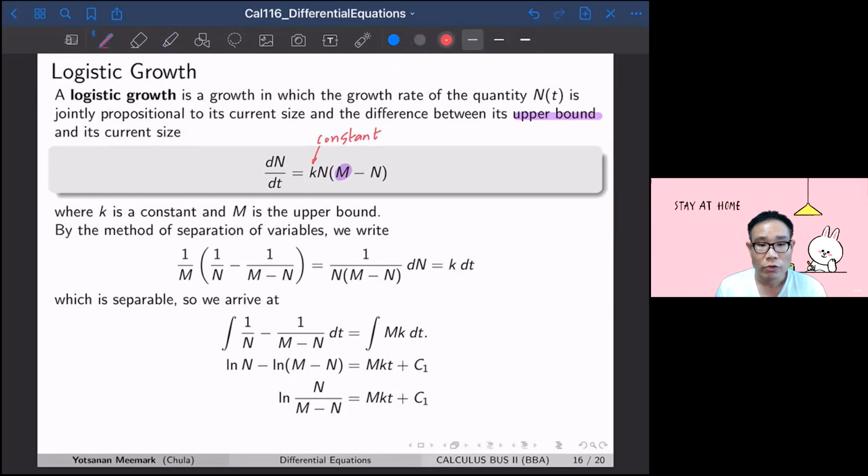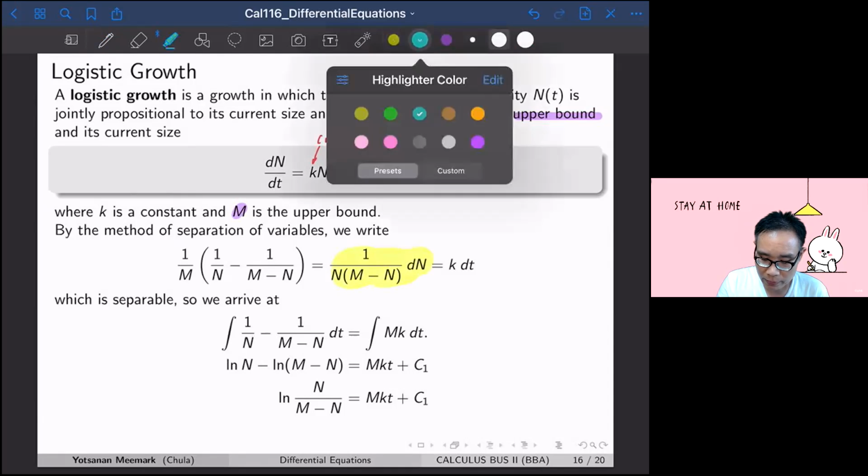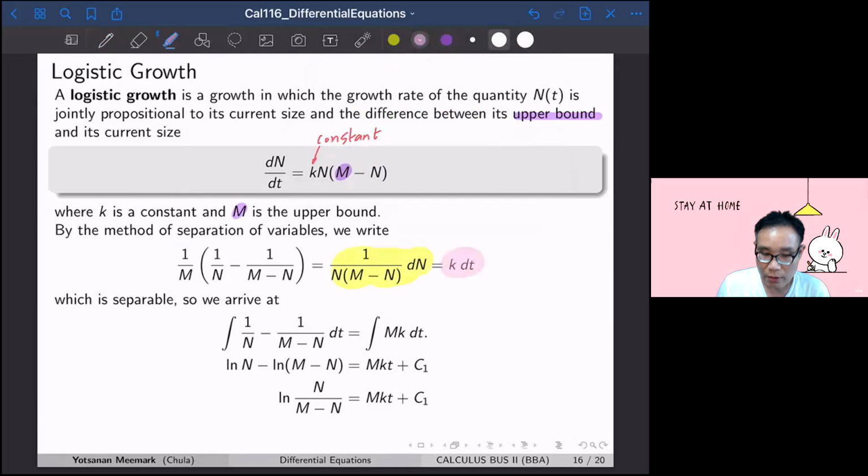Okay, so you see that, for the way to solve this one, k is just a constant, we don't need to care, M is just a constant, so it's going to turn out to be separable. So you have N on one side and t on the other side.